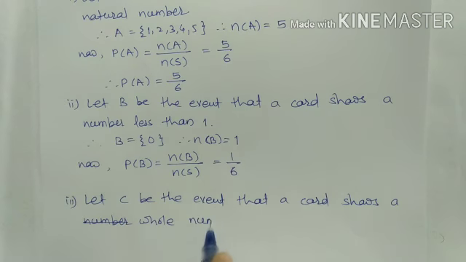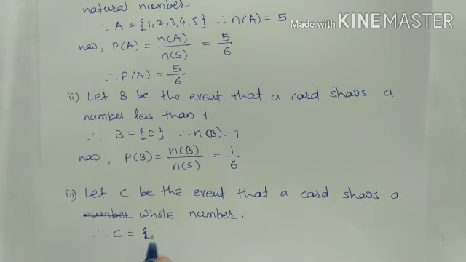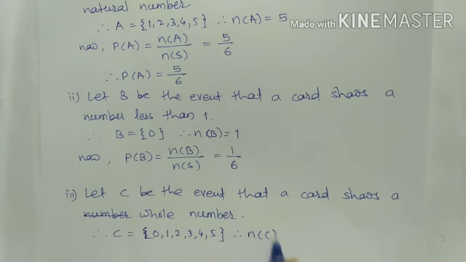And therefore here the sample points are from 0 to 5, and all these are whole numbers. So here we write all the sample points, that is 0, 1, 2, 3, 4 and 5, and therefore number of C equals 6.